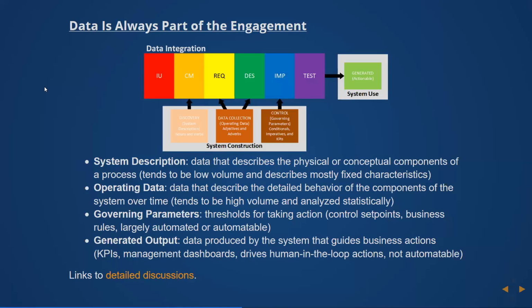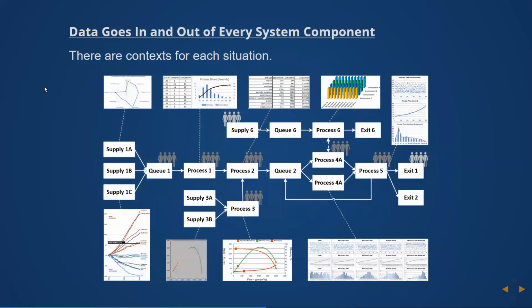But as we'll see going forward, information really comes into and goes into and comes out of every part of a process or system. So that's what I'm showing here.